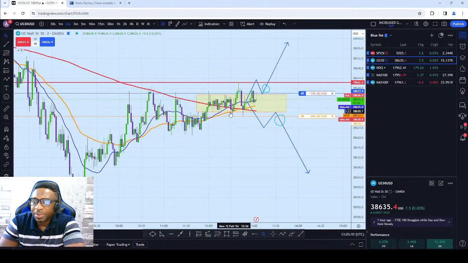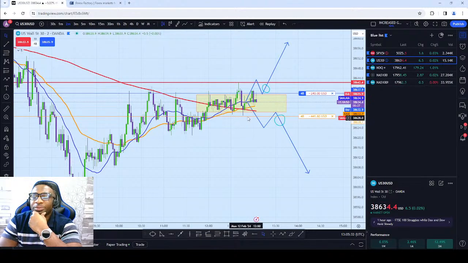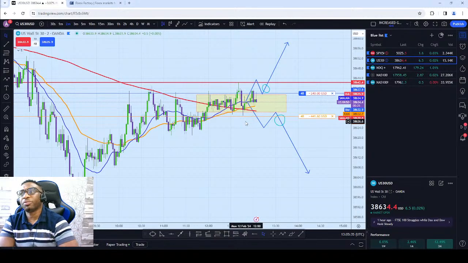Because my entry is a distance away from here, I'm just leaving it to see what will happen. I have my stop loss below here, so if it decides not to push up as I expect, I will either close it manually or my stop loss will do the job for me.